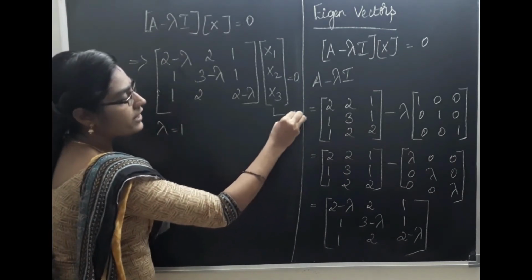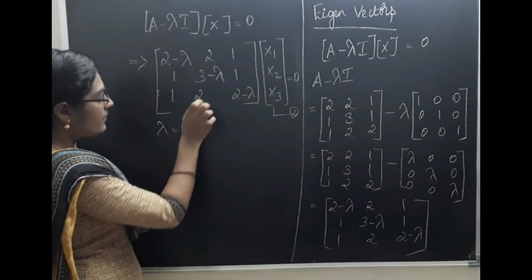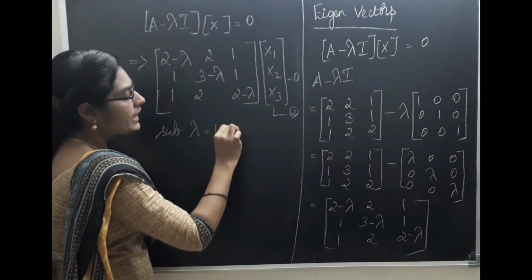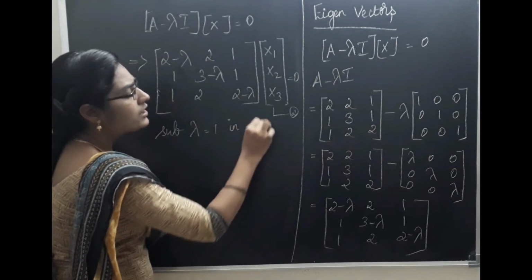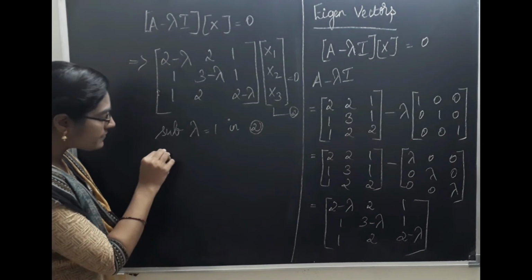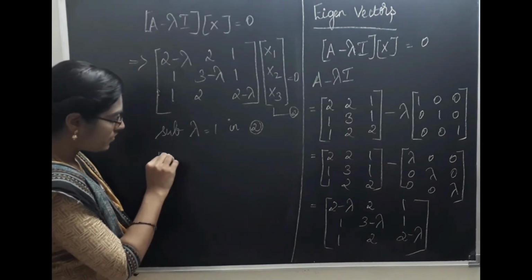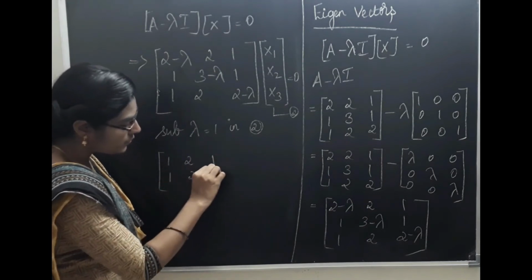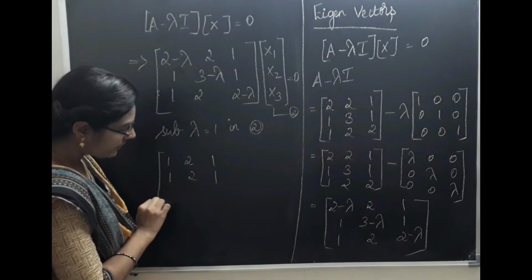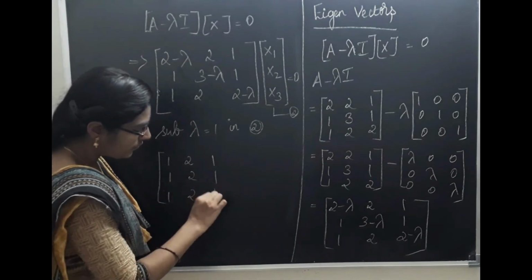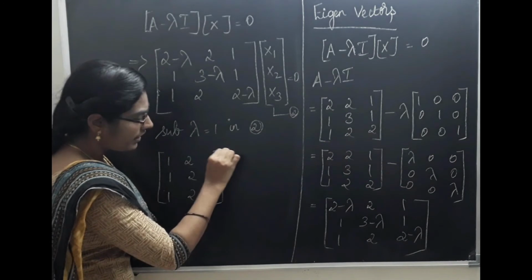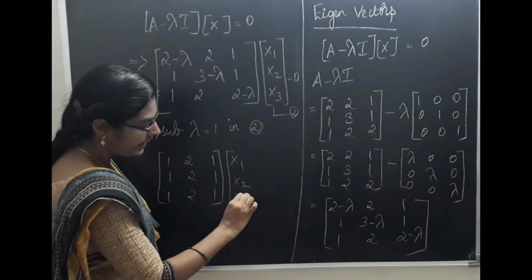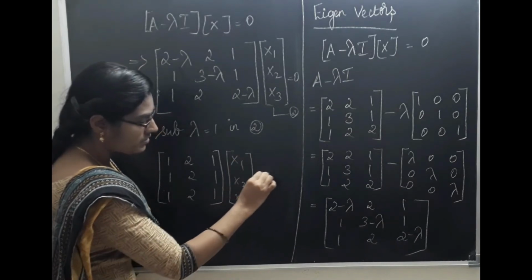Now consider this is the second equation, so substitute lambda equal to 1 in equation number 2. Once we have substituted, we will get 1, 2, 1, 1, 2, 1, again 1, 2, 1, into x1, x2, x3 equal to 0.